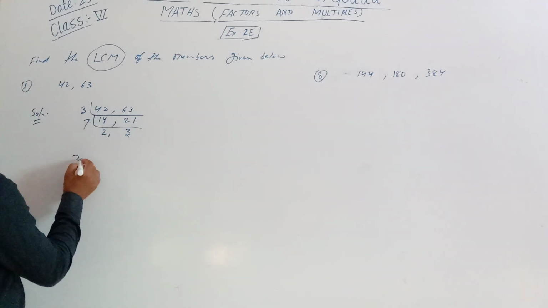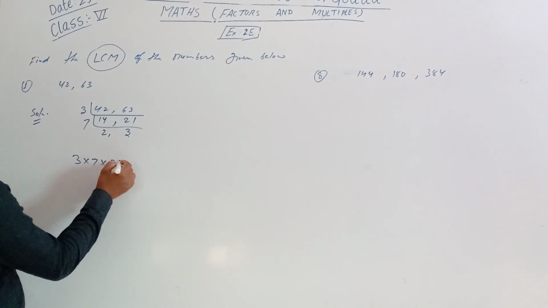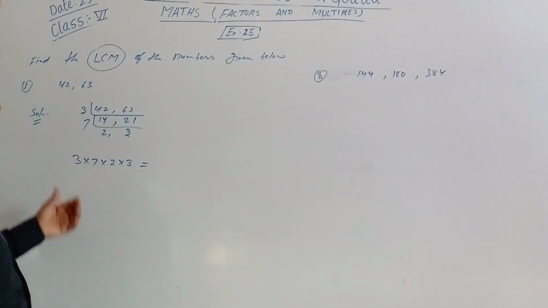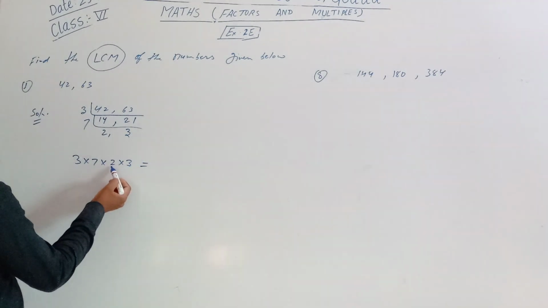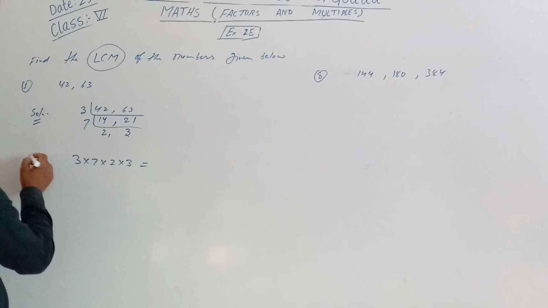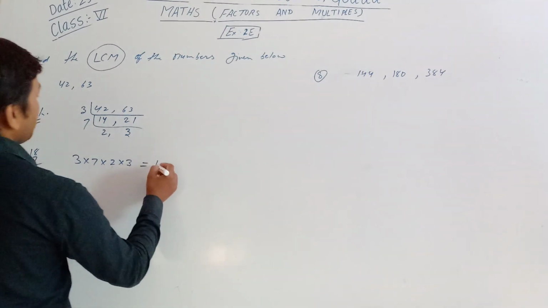Now you write all the numbers in product form and multiply. 3 twos are 6, 6 threes are 18, and 18 times 7 is 126.